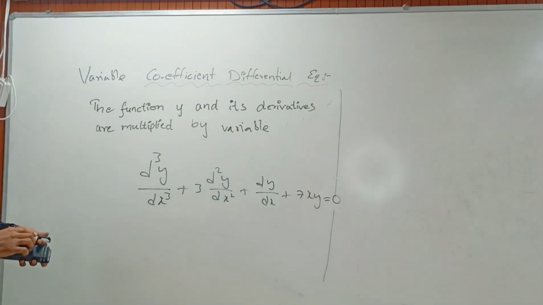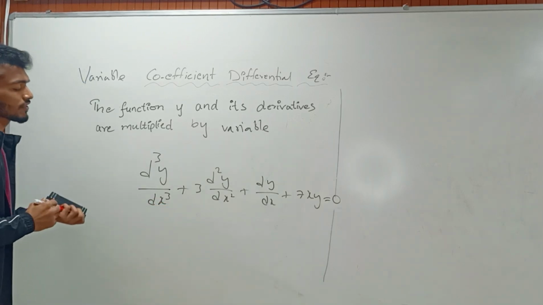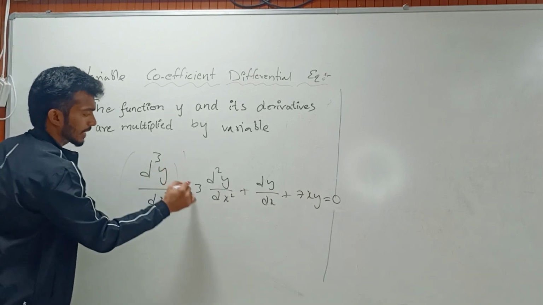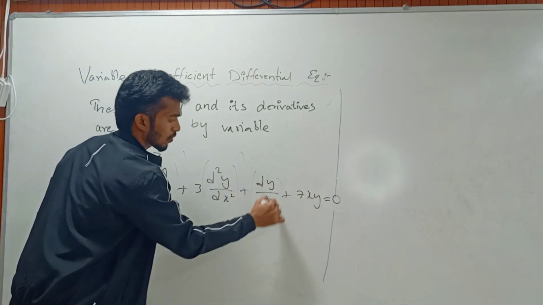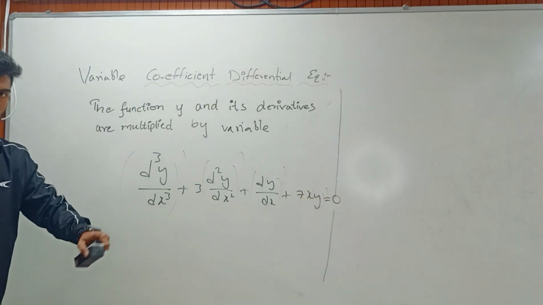Firstly, let's check whether it is linear or not. All the powers in this differential equation are 1, right? 1, 1, 1. So it is linear, it is not non-linear.